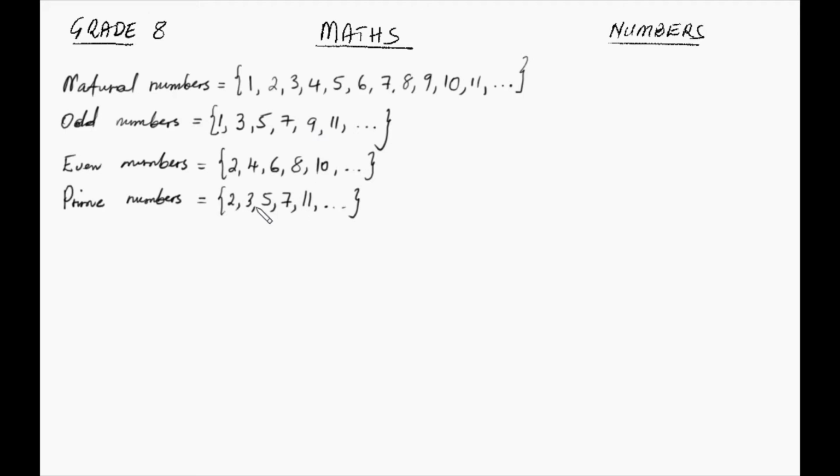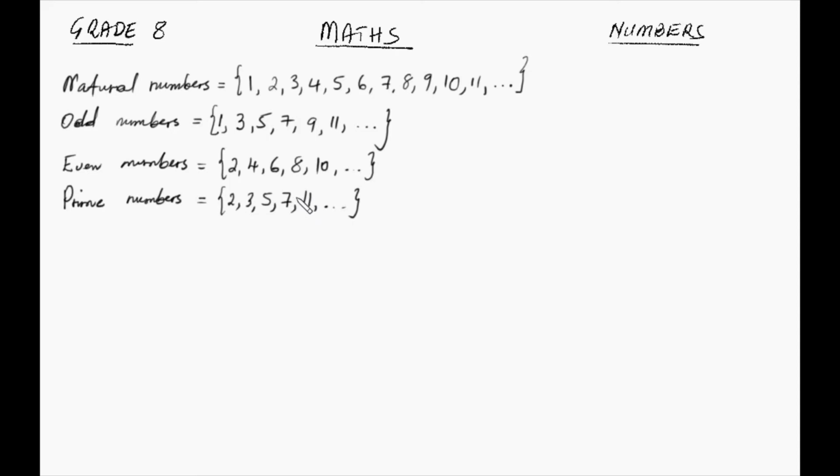It's because prime numbers are divisible by 1 and themselves. So a prime number is a number that is divisible by 1 and itself. That means it has only two factors, 1 and itself. Look at this. 2 is divisible by 1, the remainder is 0, and 2 is divisible by itself, by 2, and the remainder is 0. 3 is divisible by 1 and 3. 5 is divisible by 1 and 5. 7 is divisible by 1 and 7. 9 is divisible by 1, by 3, and by 9.